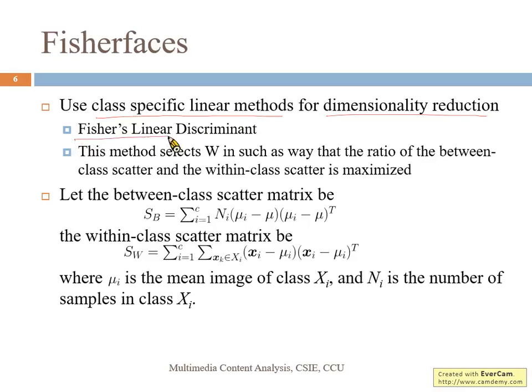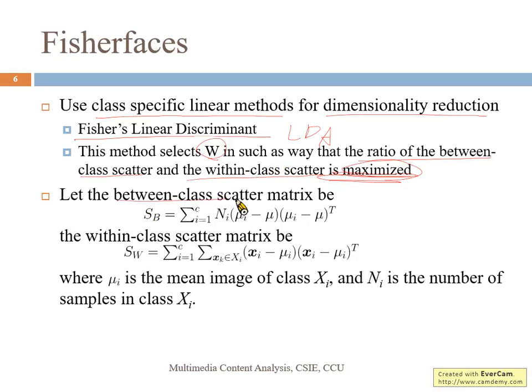Here we use Fisher's linear discriminant, or sometimes we call it LDA in short. This method selects W in such a way that the ratio of the between class scatter and the within class scatter is maximized. Therefore, the objective function of the optimization problem is different.